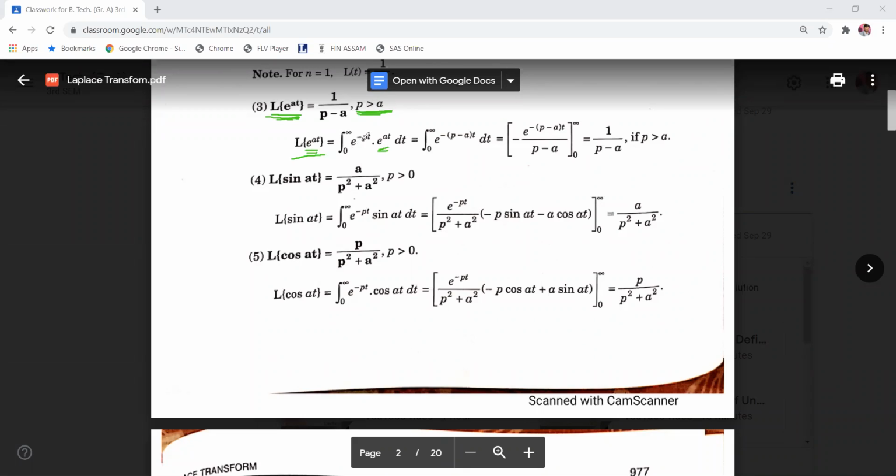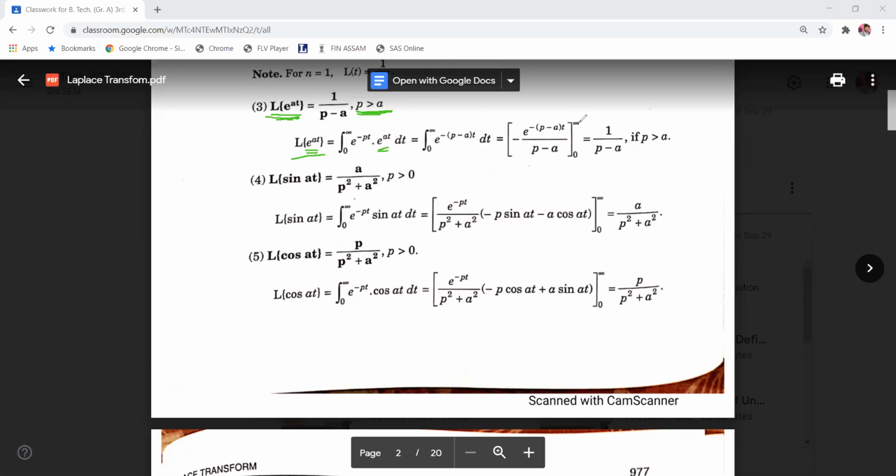So you get the integral of e to the power minus (p minus a) t dt. Here p and a are both constants, so it is a simple integration. It will be minus e to the power minus (p minus a) t divided by p minus a.